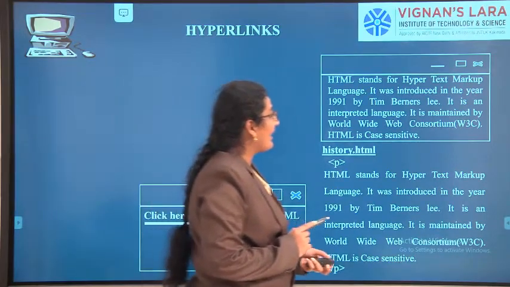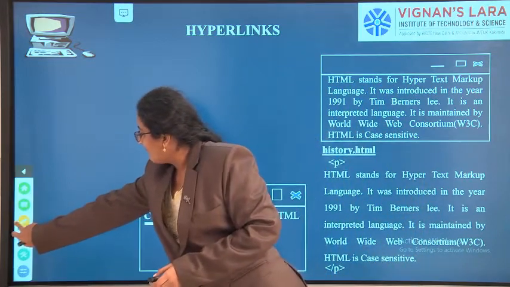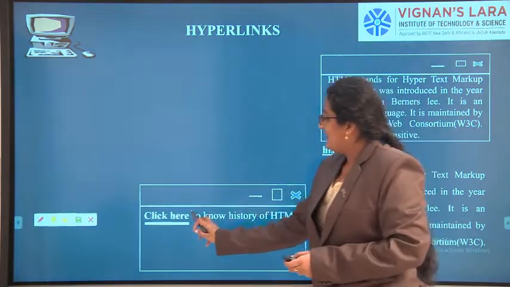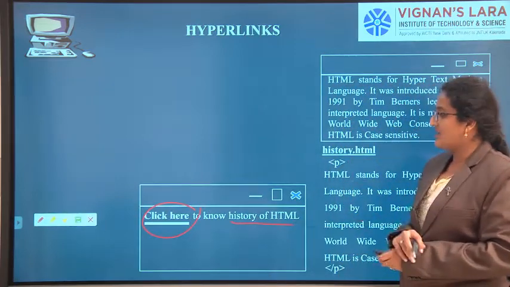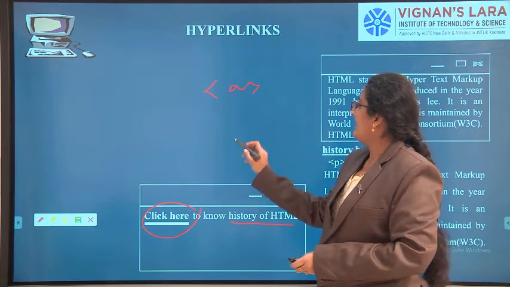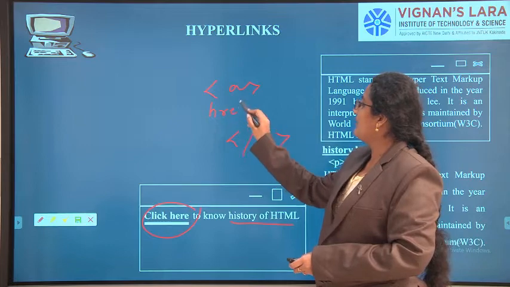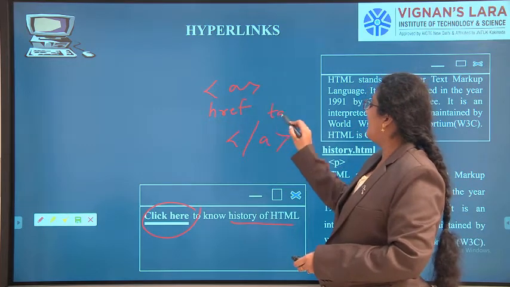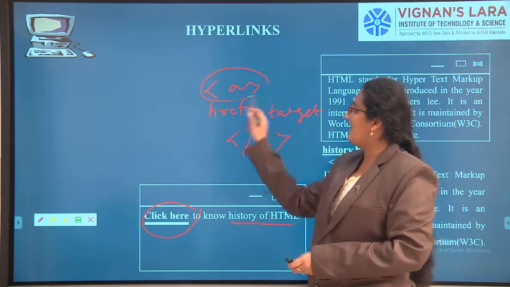See, you can see here another hyperlink I have given. Click here is the hyperlink generated. It is to download the history of HTML. So within the anchor tag, up to the close of the anchor tag, we have two attributes, href and target. Hyperlinks are generated with the help of anchor tags.